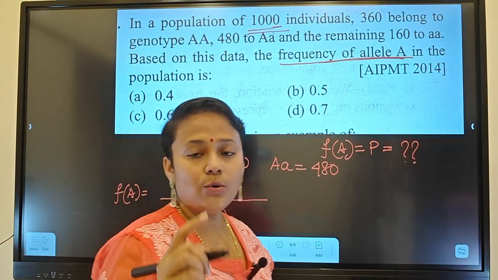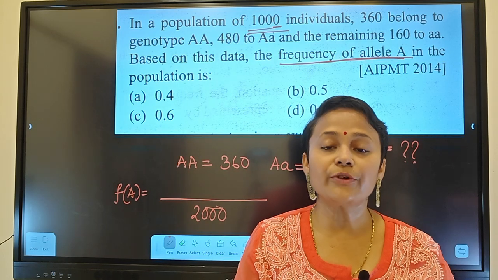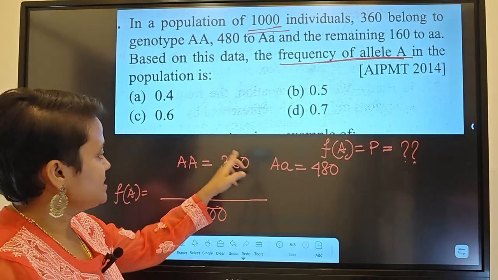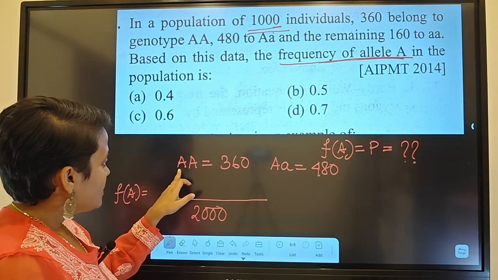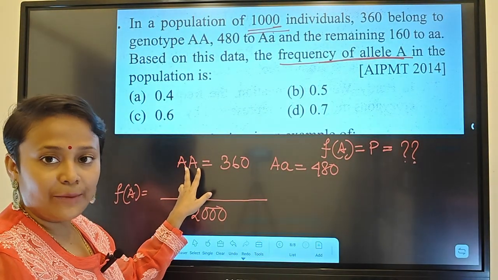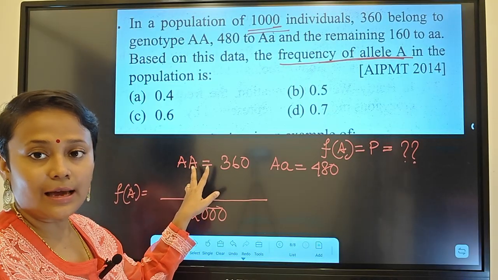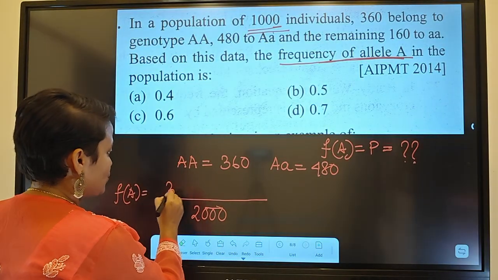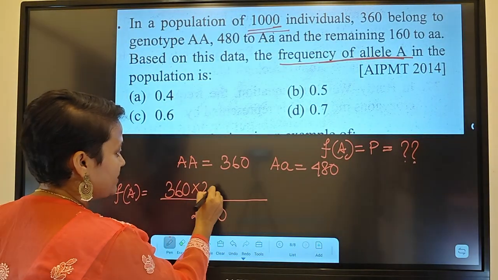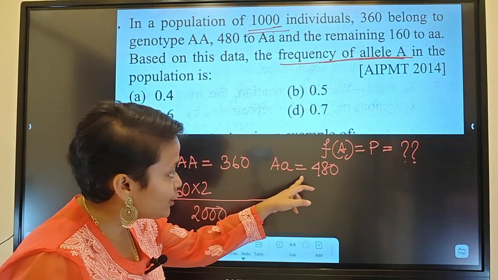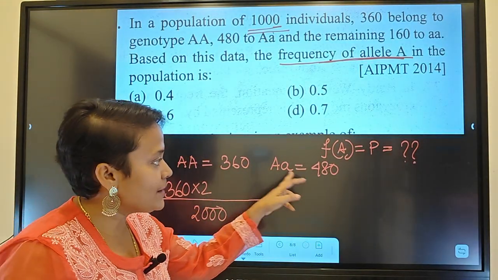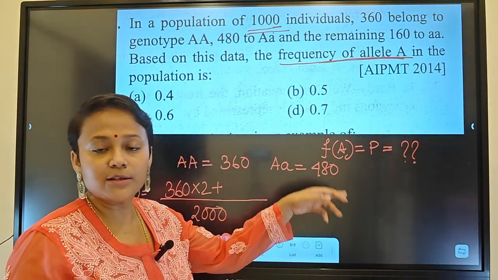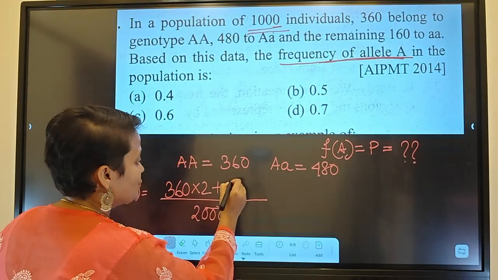Now, what is the total number of capital A? In the 360 individuals, each has 2 capital A, so 360 into 2 will be there. Plus, in the heterozygous condition, how many capital A alleles will be there? It is 480, because the other 480 will be small a.